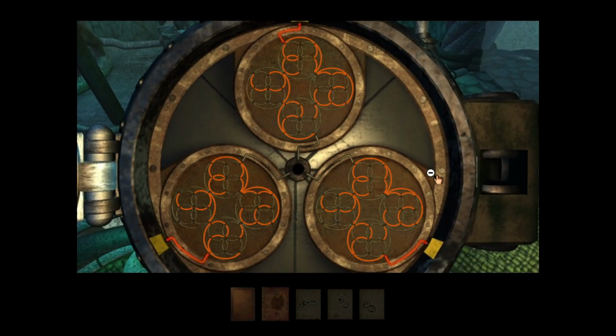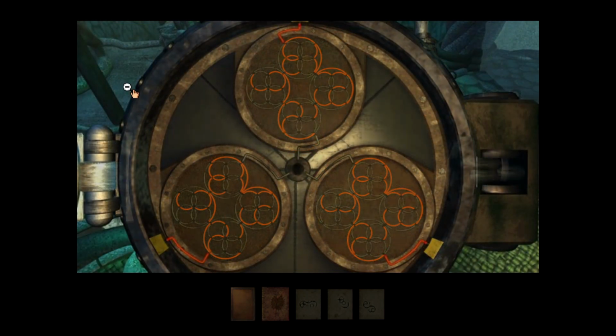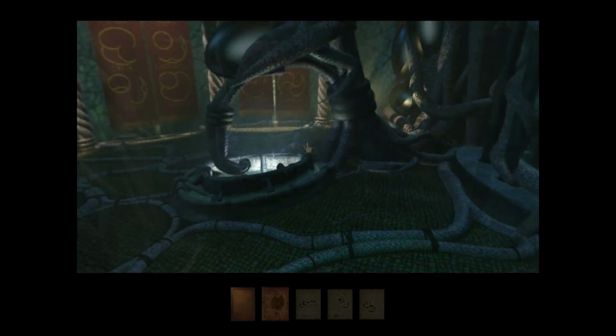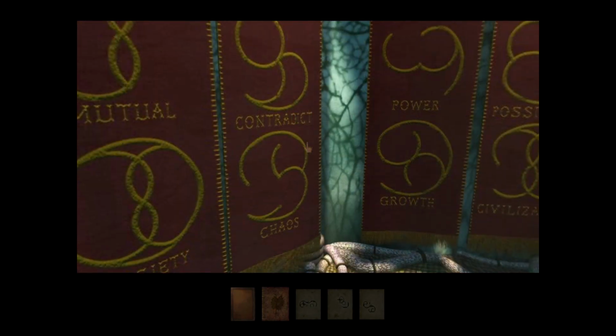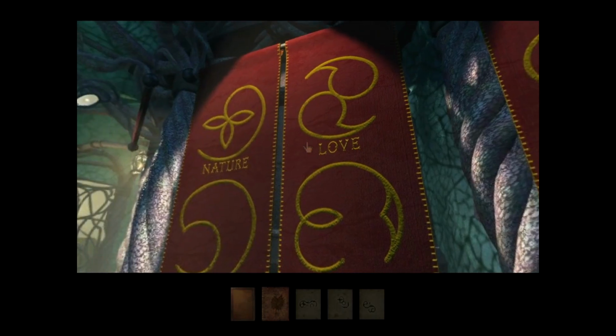Should just get back to transcribing all three. Since I don't have an order, I can just transcribe it circle for circle. That looks like big half circle.